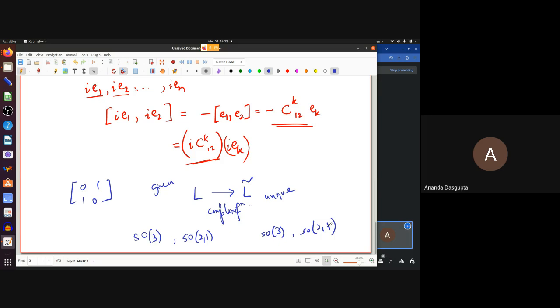But what's more important is that sometimes it would be impossible to get a basis in which all the structure constants become real simultaneously. So for a complex Lie algebra, it may very well be that you will never get all structure constants real.